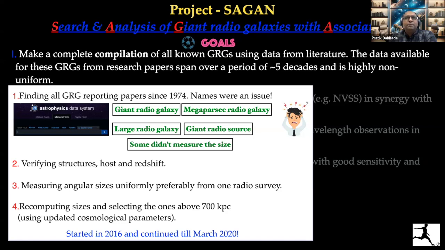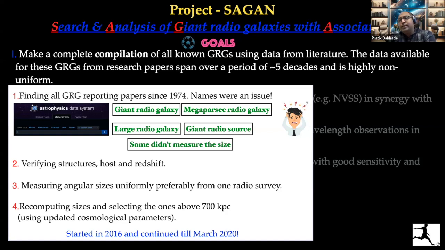People had different names for them since the 1970s, so it was not easy to just search for giant radio galaxies. Different resolution and sensitivity of the data meant that we had to recheck some of the sources because some of them were not genuine giants.